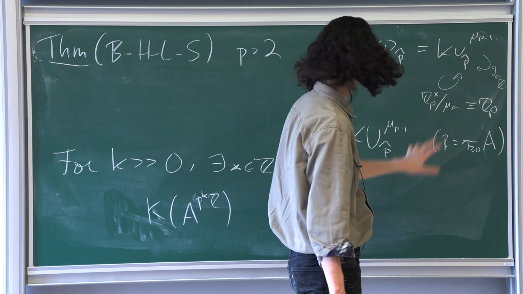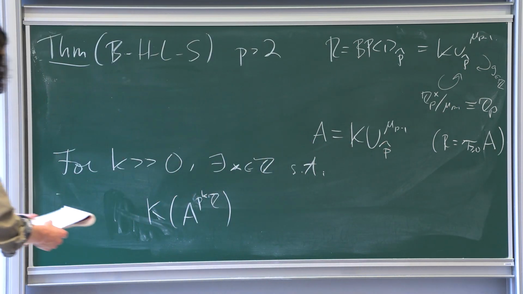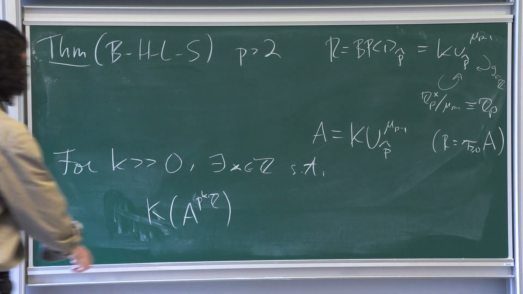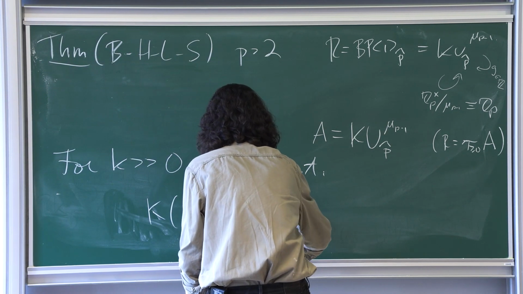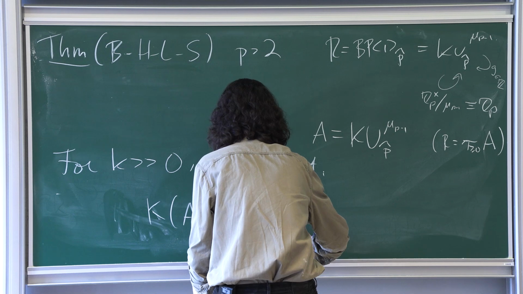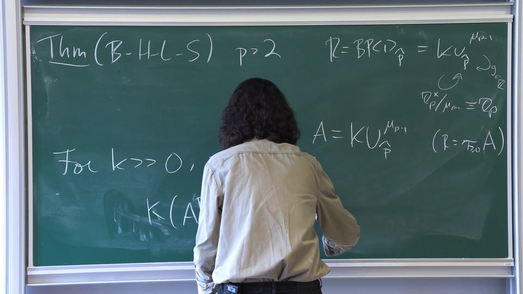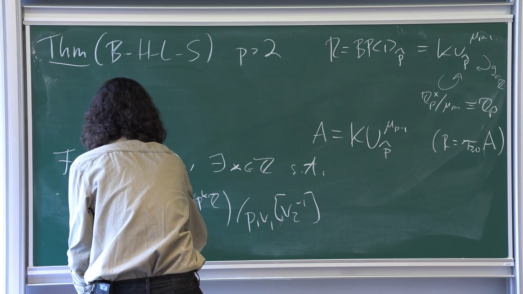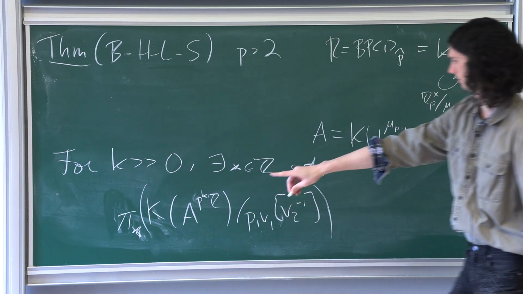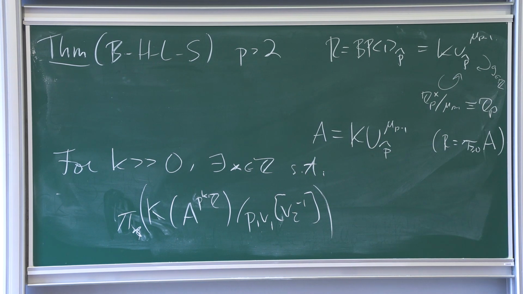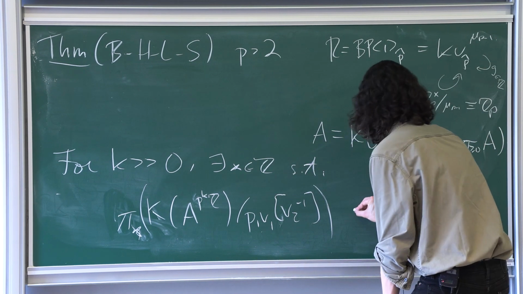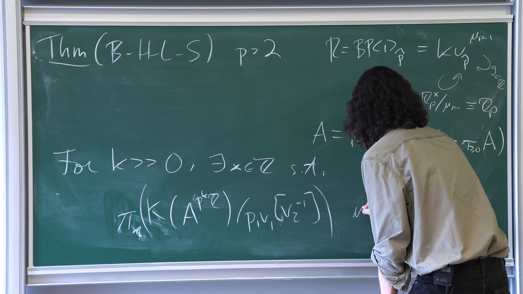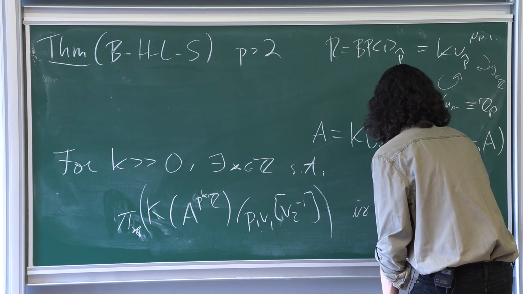Exactly. Small KU is connective, big KU is periodic. So the V2 periodic homotopy at the kth level of the tower is infinite in some degree.